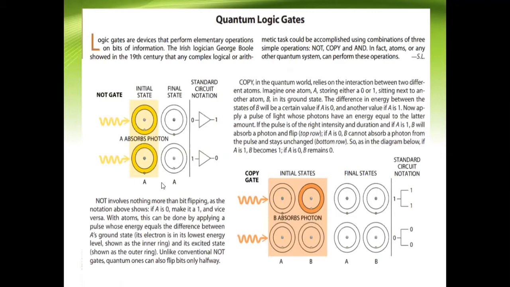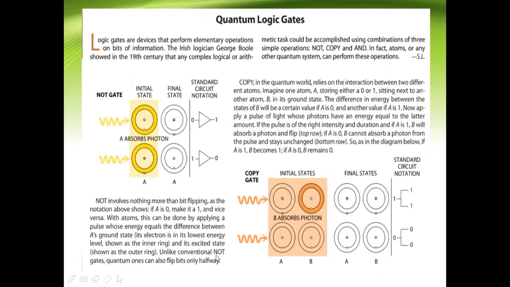The ground state is where the electron is in its lowest energy level, shown in the inner ring. The excited state is shown with the electron in the outer ring.